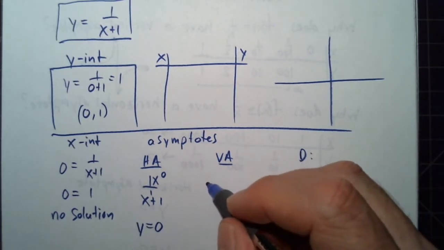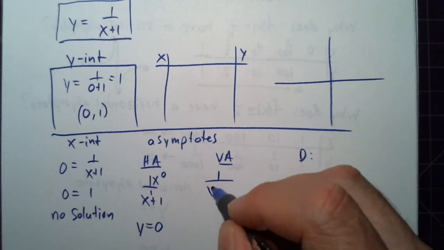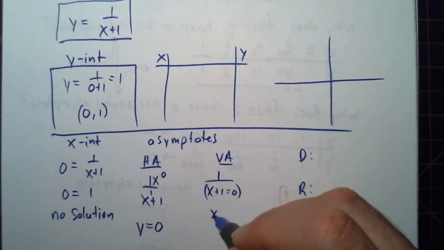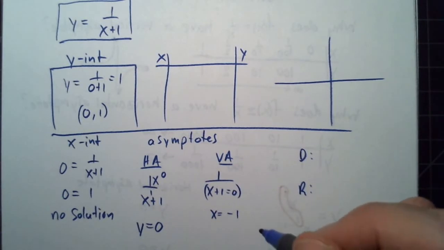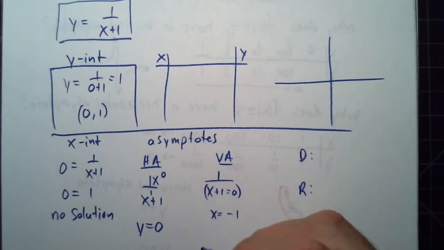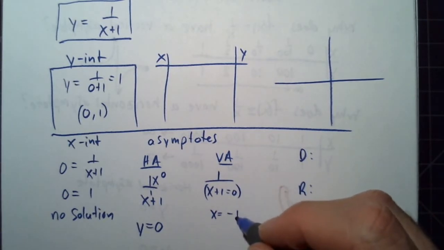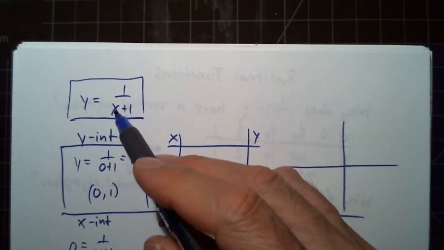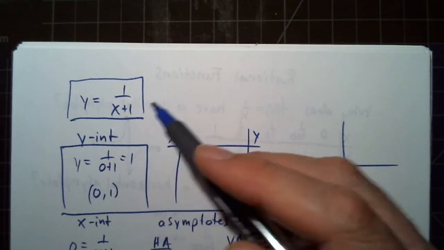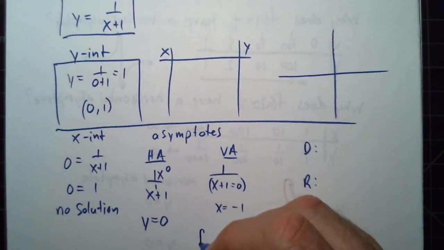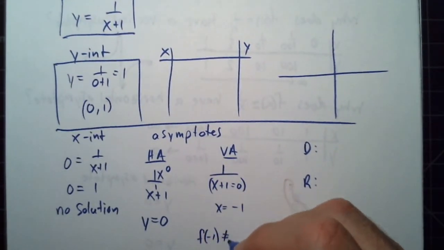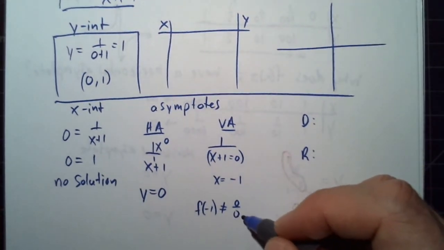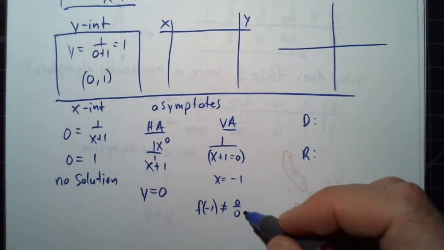Vertical asymptote is when the denominator, we just look at the denominator, and it's -1. But we also want to make sure that when we put a -1 into the function, we don't want 0 over 0. So we could say that f of -1 is not 0 over 0. If we do get 0 over 0, then it won't be a vertical asymptote.